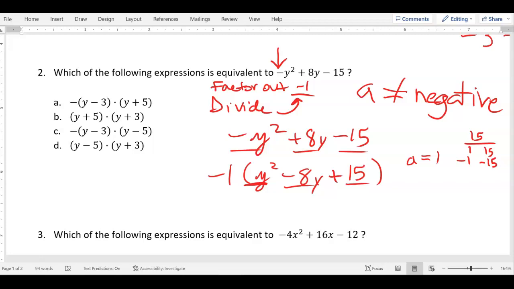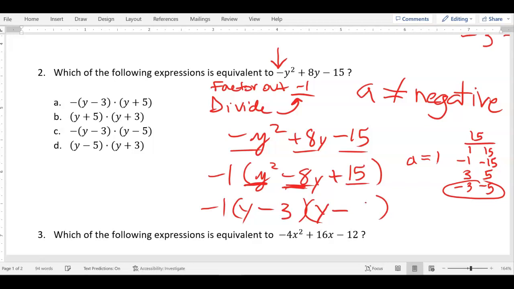And then we have 3 times 5, negative 3 times negative 5. That's it. Now, which one of these pairs is going to add up to give us the middle term, negative 8? And it's going to have to be this. So negative 1's out front. In the parentheses, I'm going to put y instead of x because it has a y, right? And I'm going to use negative 3 and negative 5.